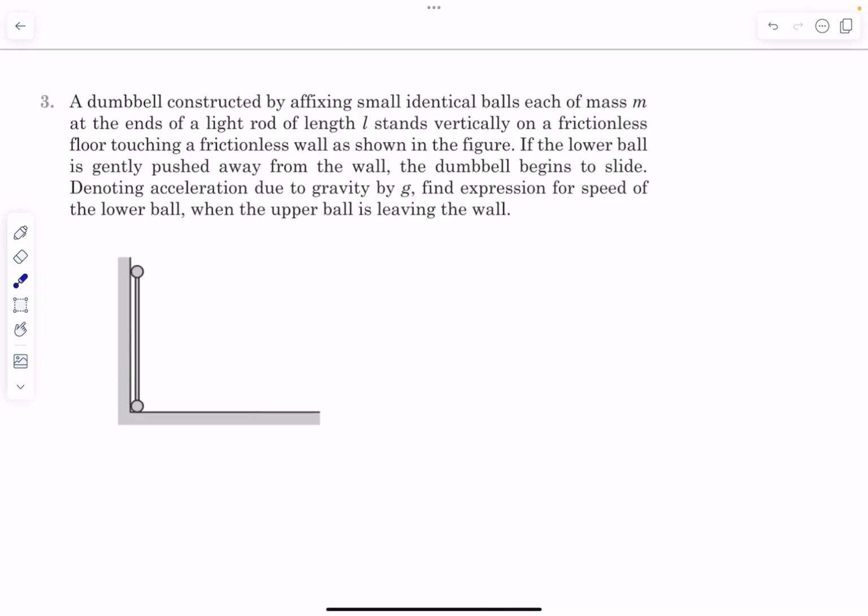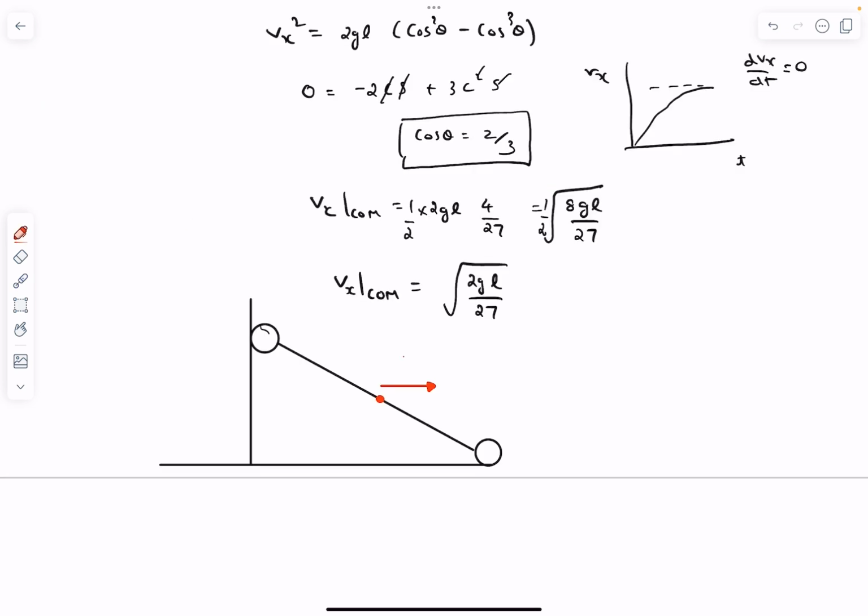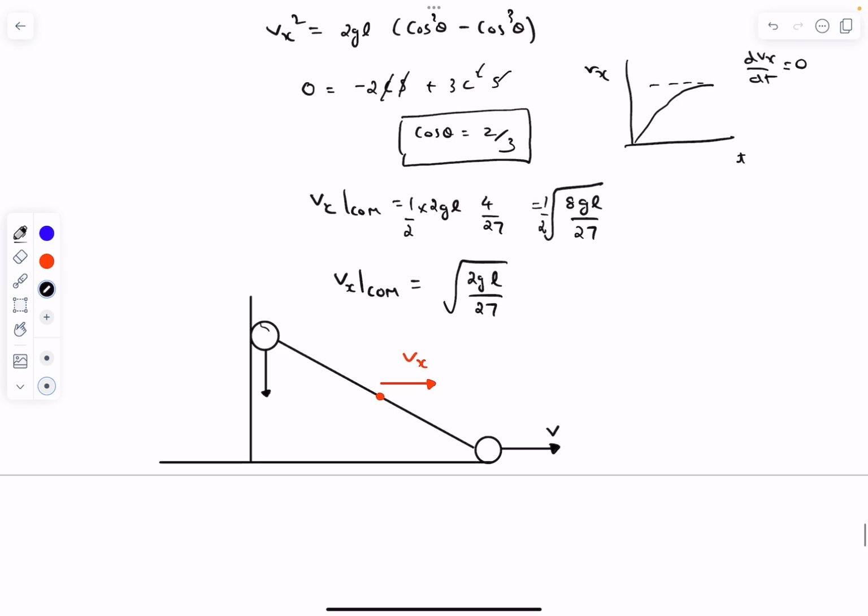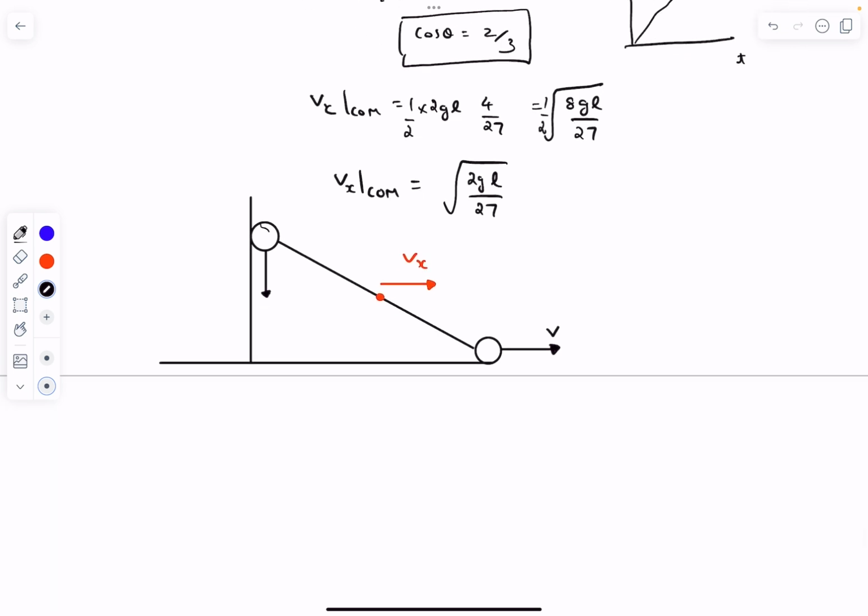But what they wanted was the speed of the lower ball. What we found out was the Vx of the center of mass. But that's fine, because at this instant we know the first ball has a vertical velocity, right? And let's say the velocity of the lower ball, which we want, is v. So now we can just use the formula for the x component of the velocity of center of mass: Vx com is (m1 v1x plus m2 v2x) upon (m1 plus m2).